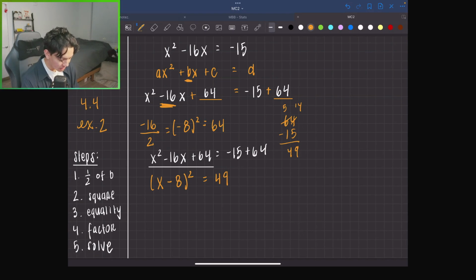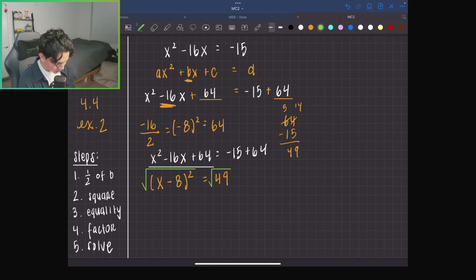Now we have to isolate the variable x. In order to do that, we notice we have a square right over here. The inverse of squaring something is to square root. So I'm going to square root both sides of the equation so that we can, quote unquote, cancel the square.